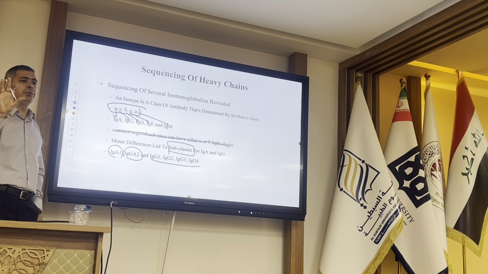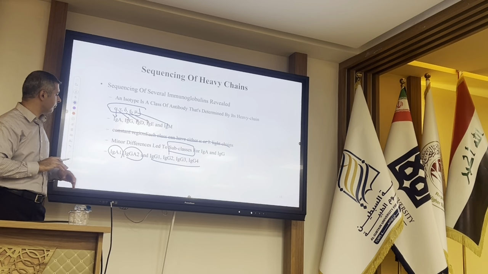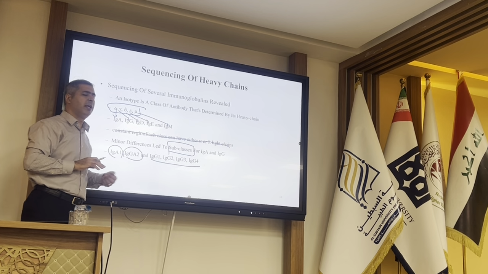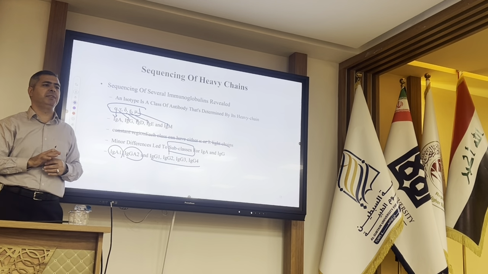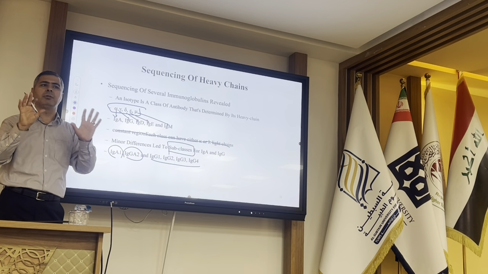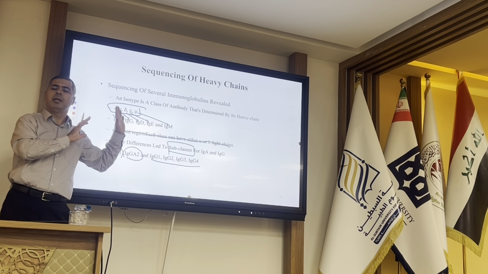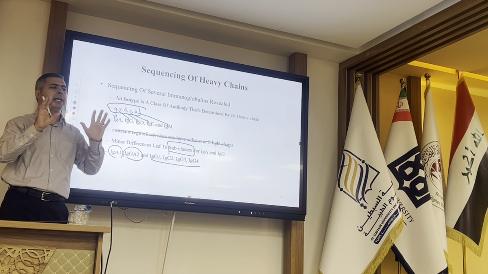You are absolutely going to face these types of antibodies. You are going to be a physician, so all of them are being detected in the laboratory. Antibody is a very important part of immunology because you are dealing with different antibodies in the laboratory.